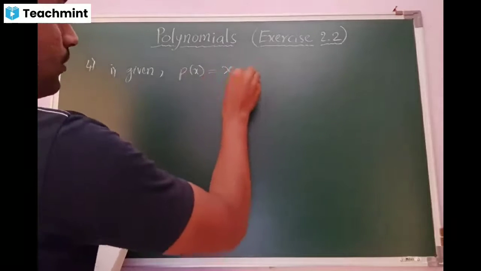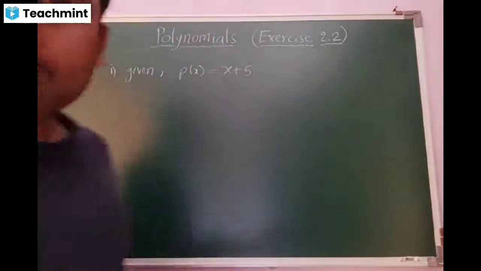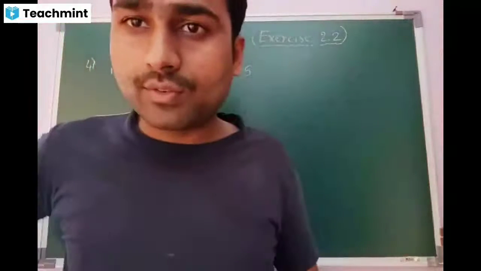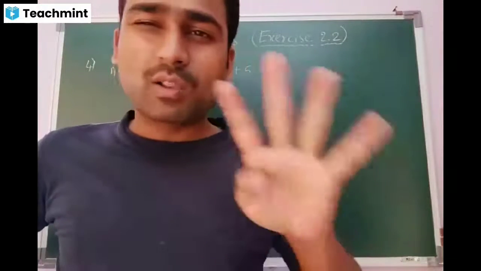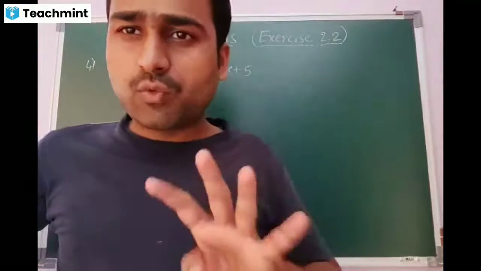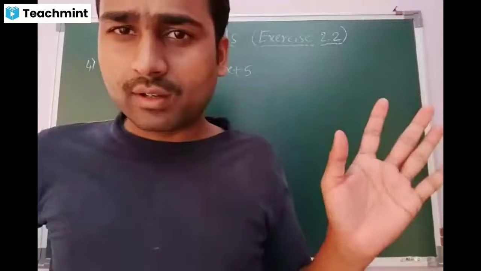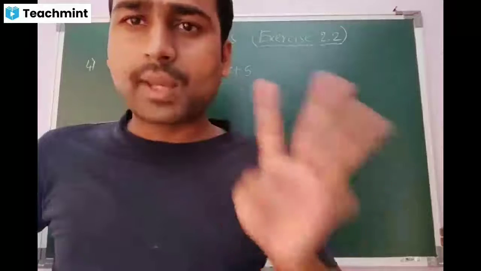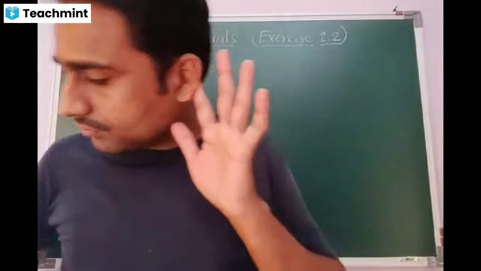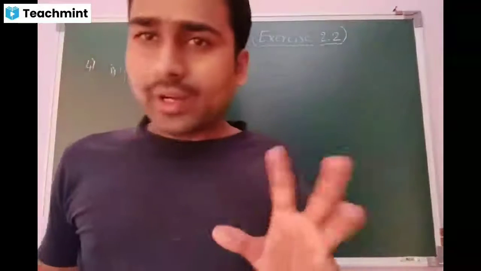Okay. Students, look at the question here. If you compare all the four main questions, beta, this fourth main is completely different compared to the first three main questions. Look at the change, beta.